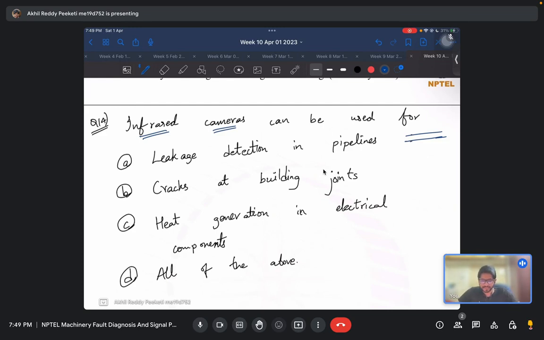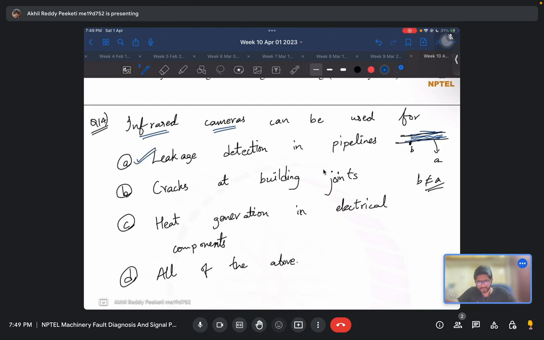When you have those leakages, there will be a temperature difference because it might be cooler based on the inside temperature of the oil, and if there is air outside and the pipe everywhere will be at, let's say, temperature A. Wherever there is leakage, there will be a slight difference in the temperature, and that you can detect. So you can actually detect the leakages in pipelines.